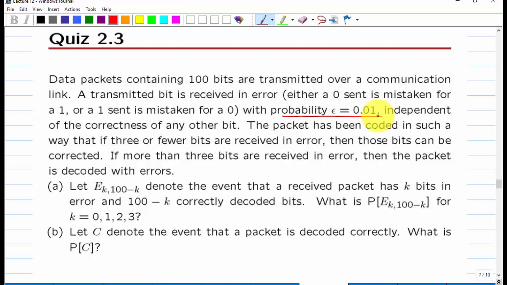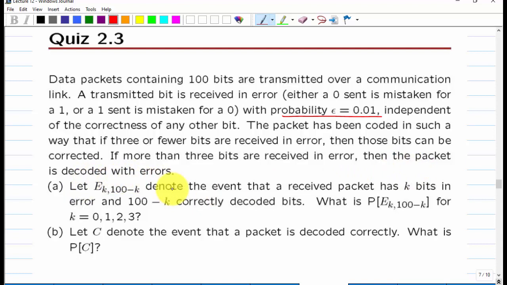The packet has been coded in such a way that if 3 or fewer bits are received in error, then those bits can be corrected. If more than 3 bits are received in error, then the packet is decoded with errors.